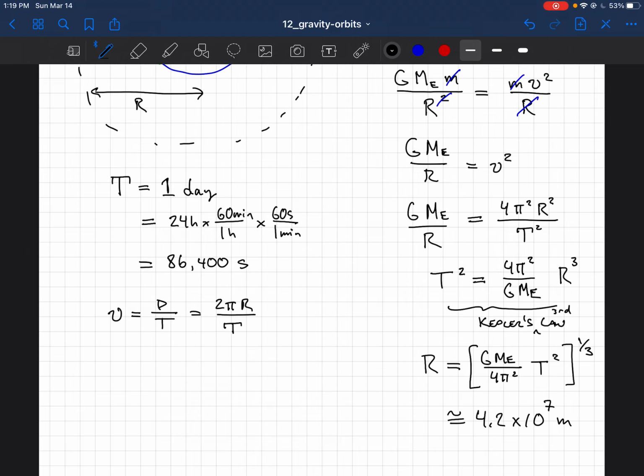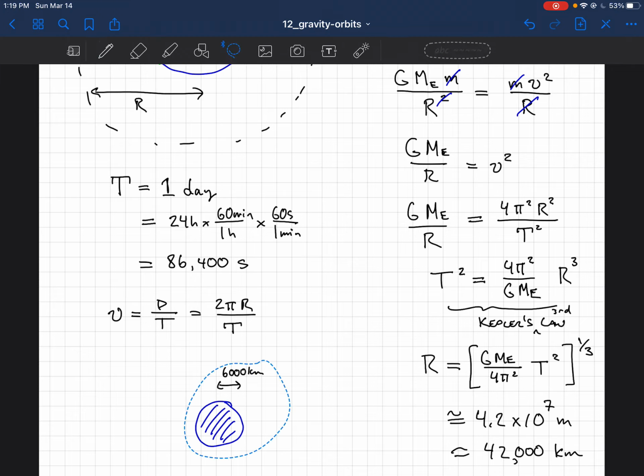So what is that? Well, that's about 42 times 10 to the 6, which is 42,000 kilometers. So where do we place this thing? Well, the Earth has a radius of about 6,000 kilometers.